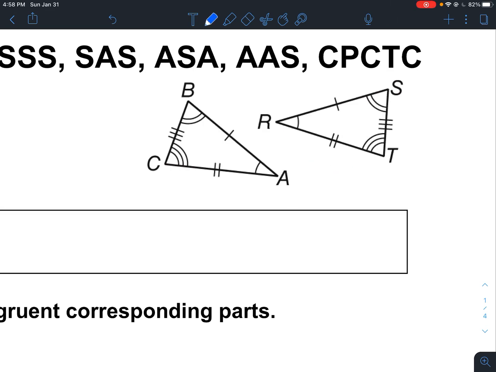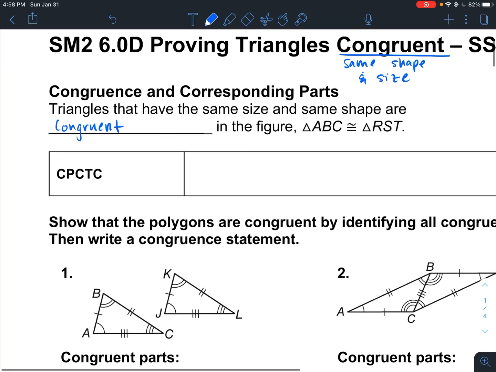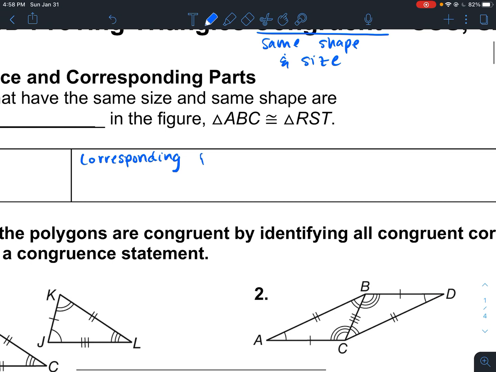Okay, so let's go ahead and define this. This acronym, CPCTC, stands for corresponding parts of congruent triangles are congruent.